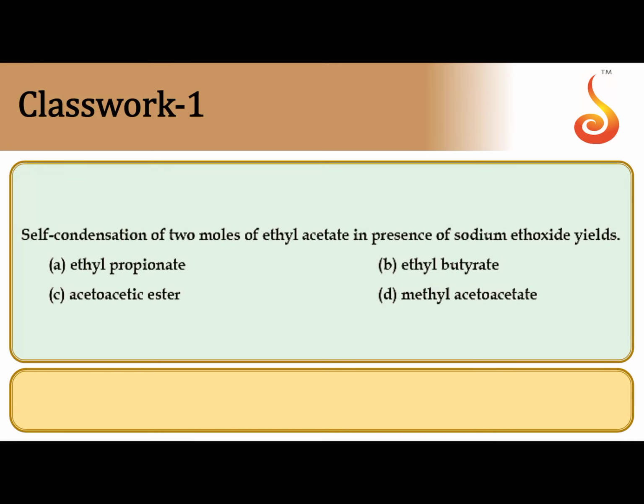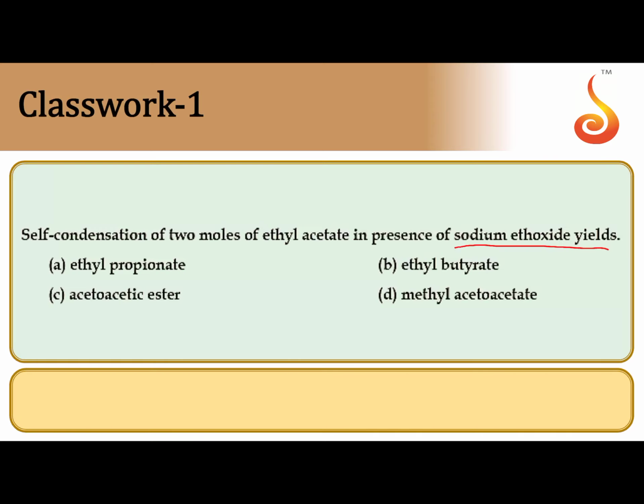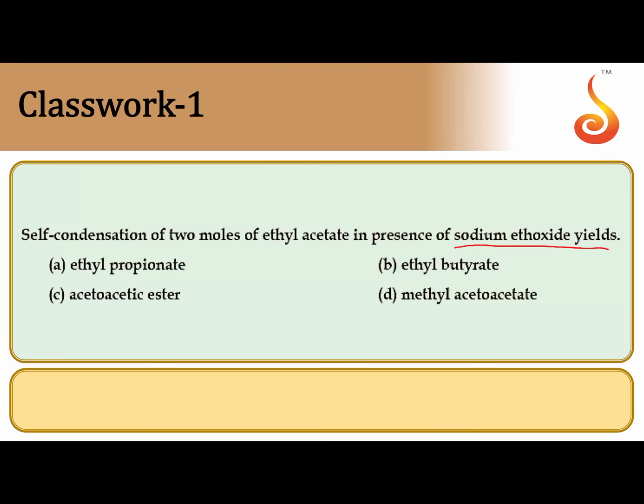Next, self-condensation of 2 moles of ethyl acetate in the presence of sodium ethoxide. This is Claisen ester condensation. 2 moles of ethyl acetate. This is ethyl acetate. 2 moles we have to take, of course. So when 2 moles are taken, the alpha hydrogen of one molecule is taken by the base C2H5O minus, sodium ethoxide is the base.